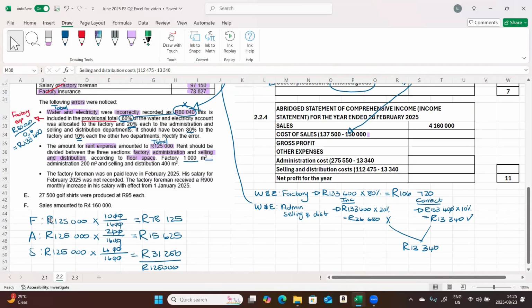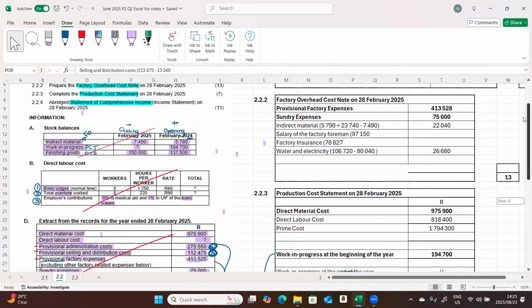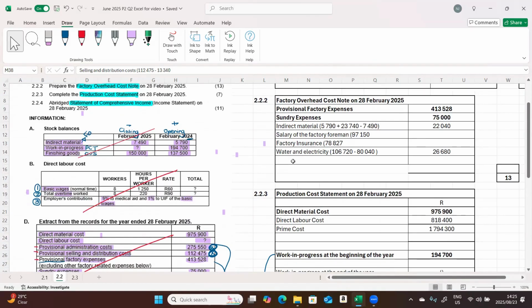So let's go to our factory. We know that the 78,125, that is the rent expense for my factory. So that will go to factory overheads, right? So did I just say rice? Crazy. Okay, so rent expense. It might be because I'm in Korea and I'm saying rice.